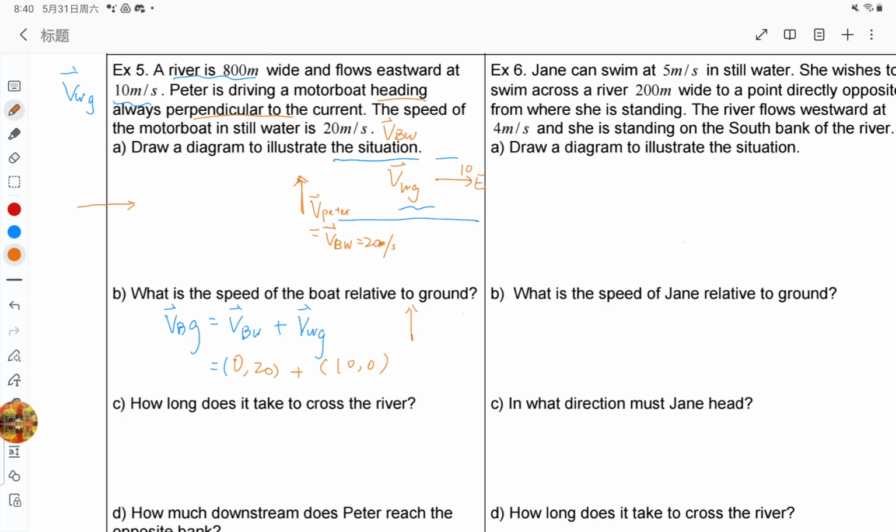How long does it take to cross the river? Yeah, this is a good question, right?